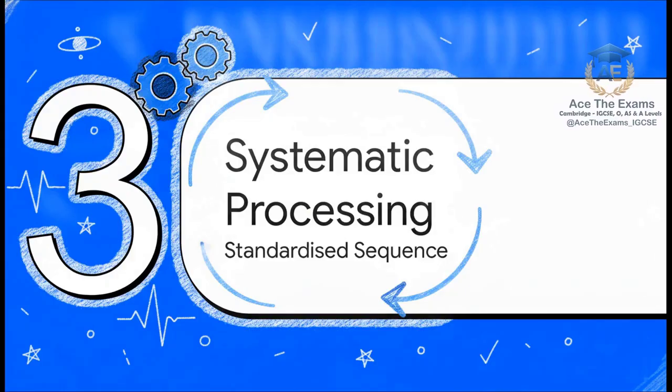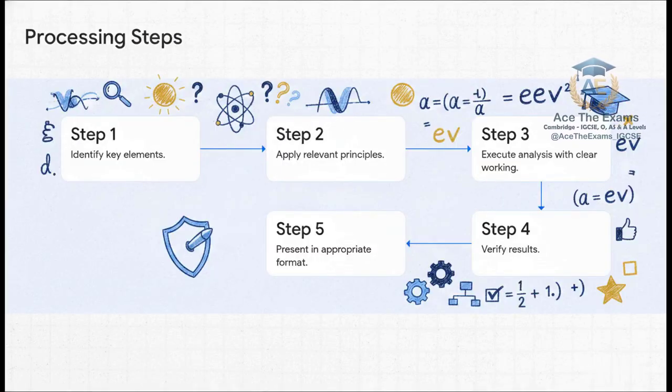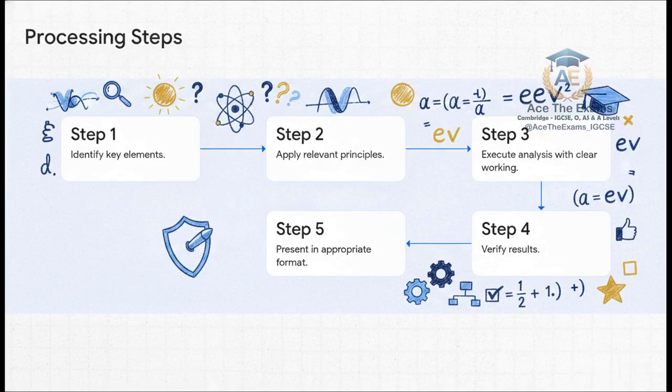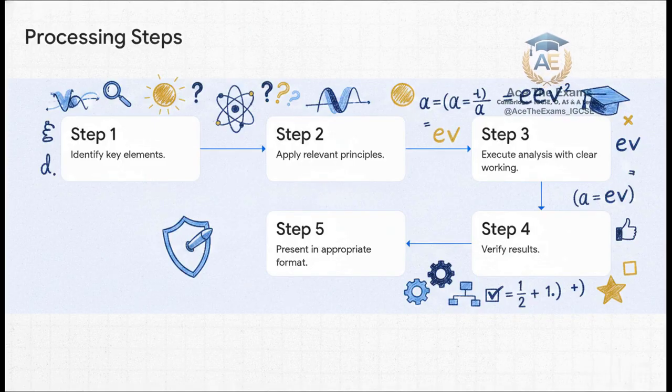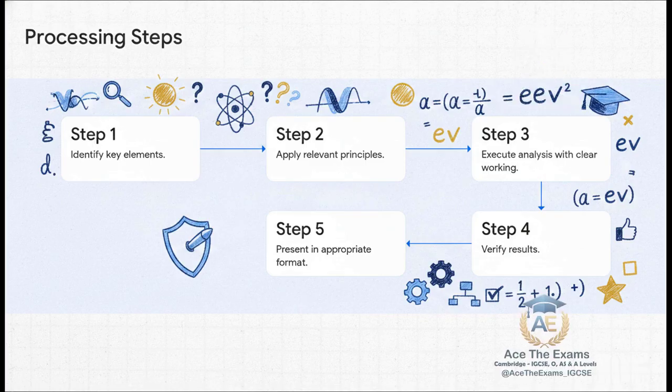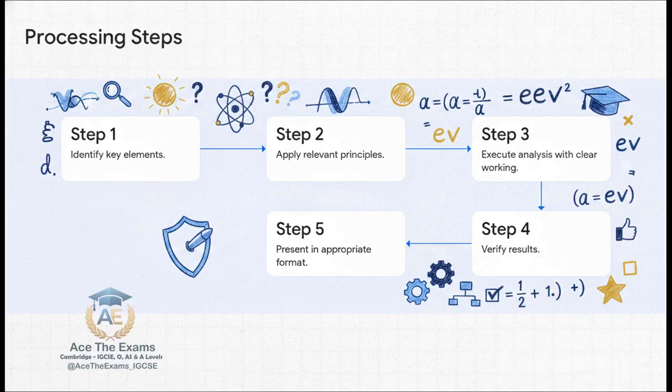That brings us perfectly into Section 3, Systematic Processing Steps. Because to actually guarantee those method marks we just talked about, we need to implement exactly what the examiners call systematic processing. This is your physics success blueprint. This standardized 5-step sequence is exactly what examiners are hunting for when grading multi-stage quantum physics problems.